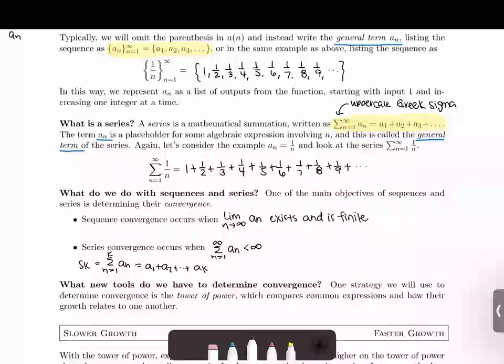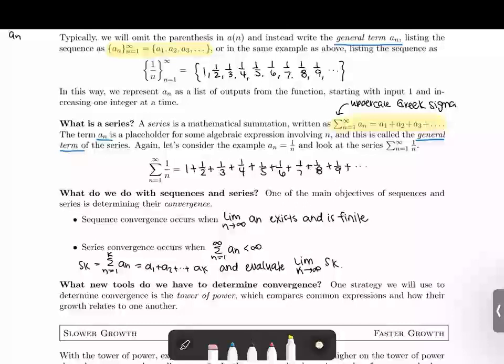And we're going to see, okay, is there some way that I can simplify this summation? So in the case of fractions, can I find a common denominator and actually add things up such that when I evaluate this limit as k goes to infinity of S_k, does that exist? And is that finite?